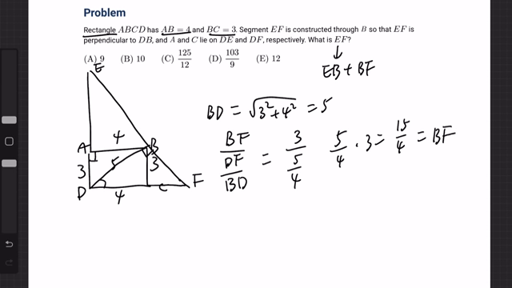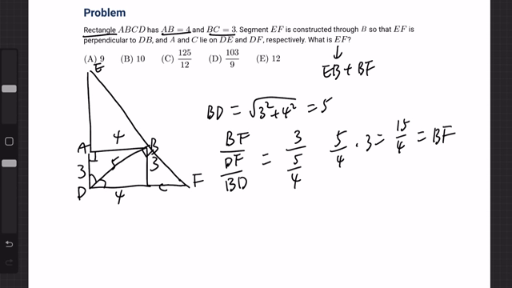Next, we're going to find the length of EB, which is a side of right triangle EDB, which shares the same angle with triangle ADB.